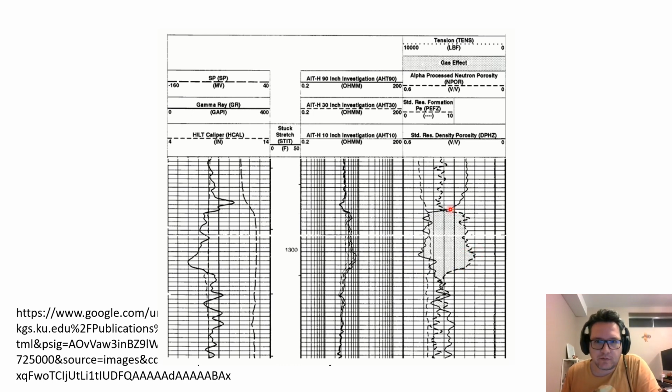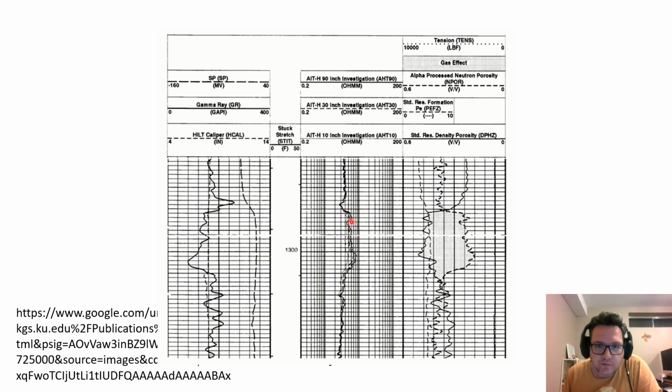But if our zone of interest is this, then our average would be somewhere around here. And this scale is going from 0.2 to 2000. So this is 0.2, this is 2, this is 20, and this is 200, sorry, not 2000, 200.